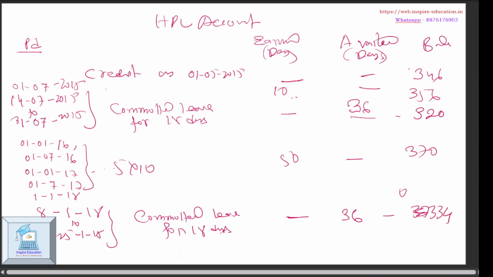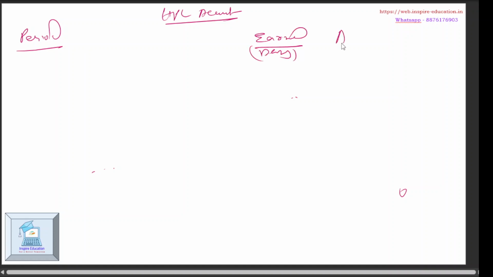So let us take again a blank page. So again HPL account, so there is period and days, then availed days, then there is a balance. Okay, so we know there was a balance of 334 days.